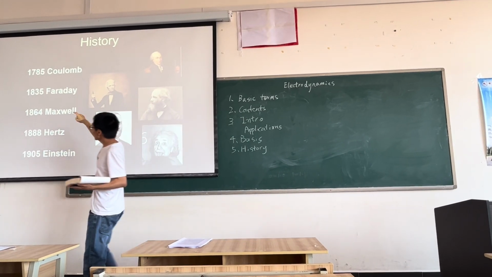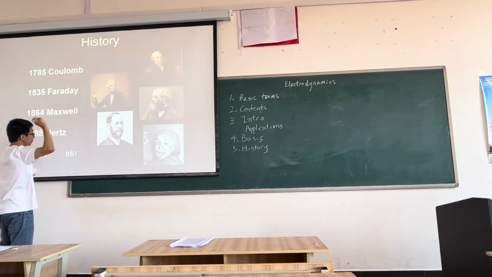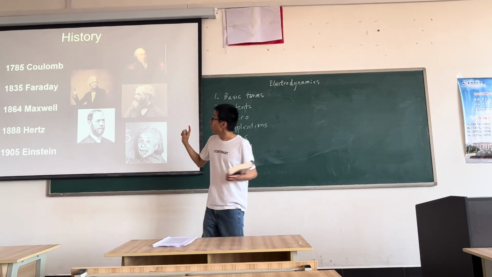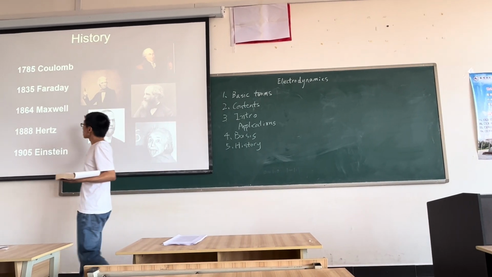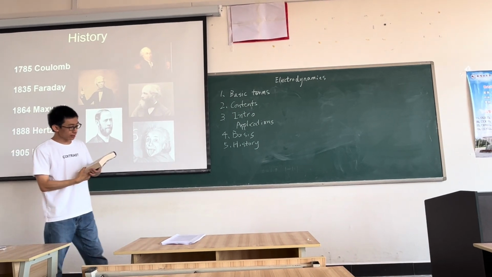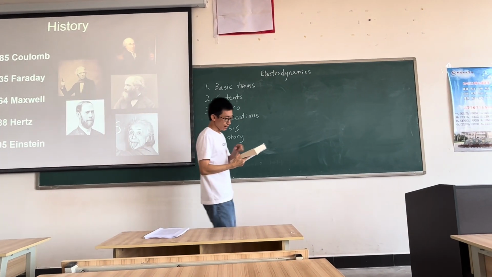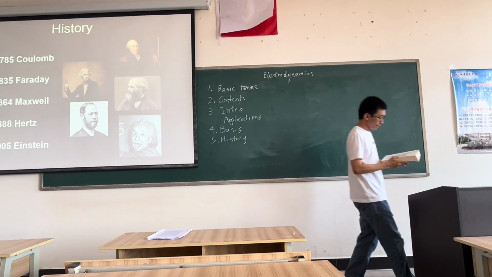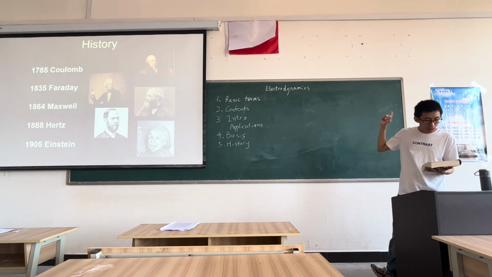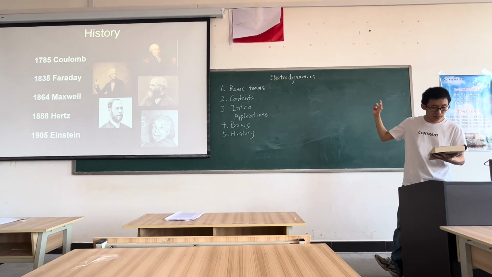And then in 1835, Faraday, an English physicist, found Faraday's law and a couple more. I guess he found many other theories and laws too. Let's see what Faraday was doing. He was studying the effect of time-varying current and magnetic field.